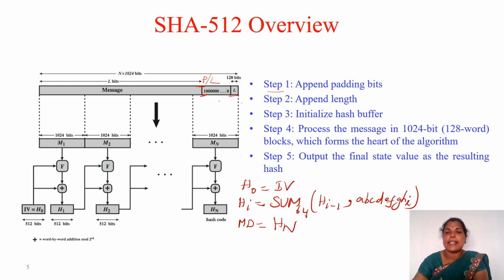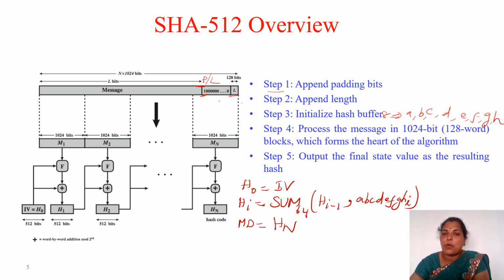Then we are initializing the buffer. Totally here we have 8 buffers, that is A, B, C, D up to H, and they are represented using hexadecimal numbers. So 8 registers are there. Initially we have to initialize the registers, then only we update them.